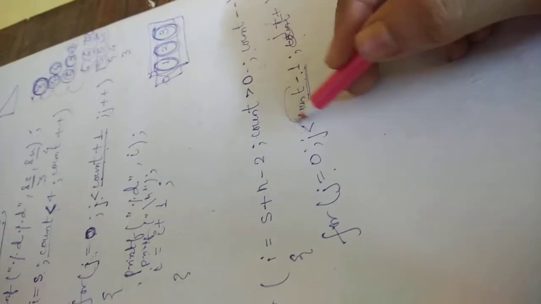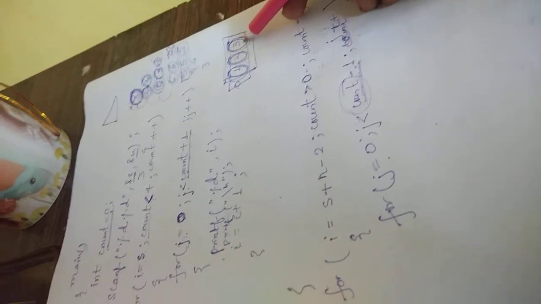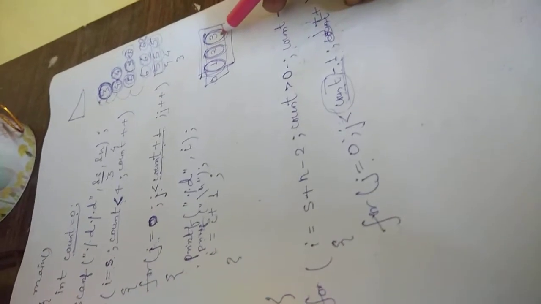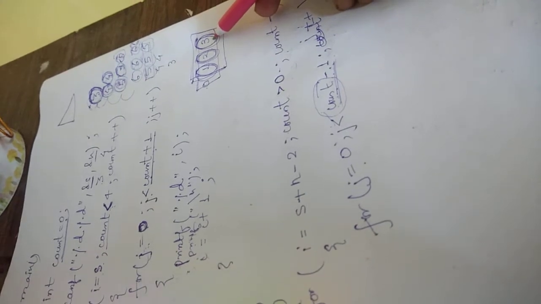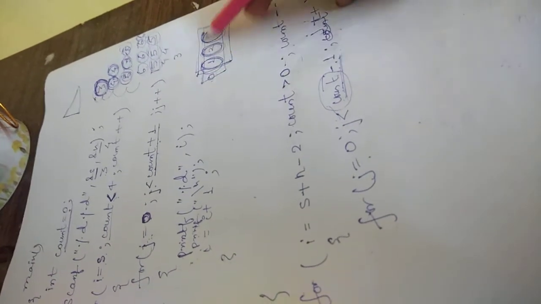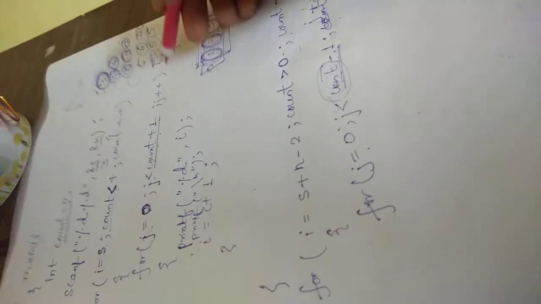No, the value of count was this 0 1 2 3. Fine. So first time i will be 5 and count will be more than 0, that means 3 2 1. There will be 3 loops, first, second and third.